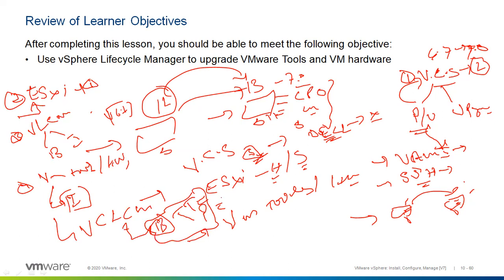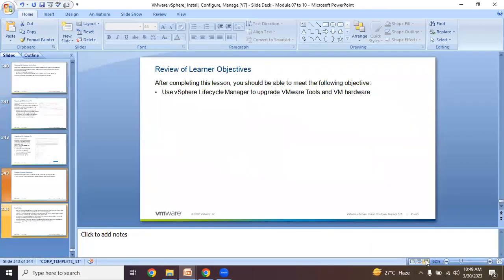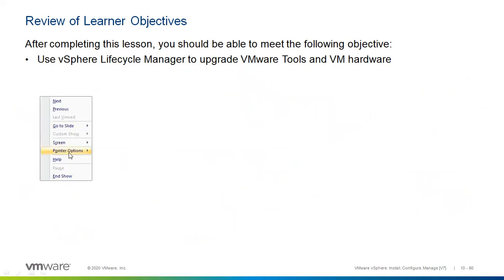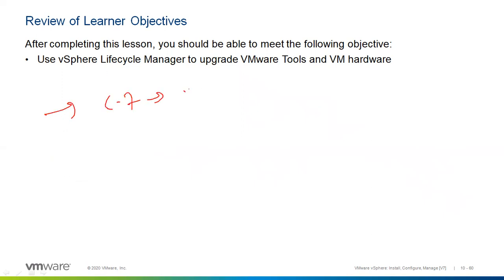So if we are planning a major upgrade, most of the time people get confused at that point. If someone asks, if I want to go from 6.7 to 7.0, as I said, always and always, first you upgrade your vCenter server.